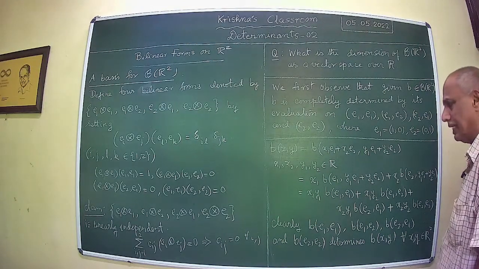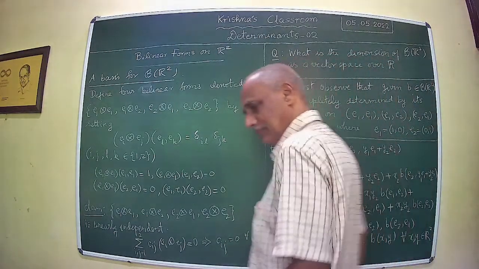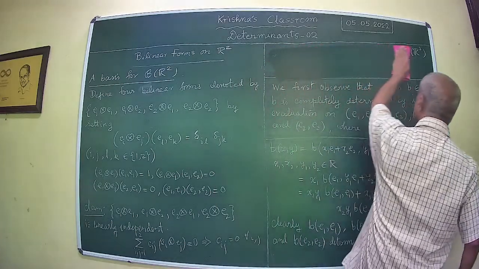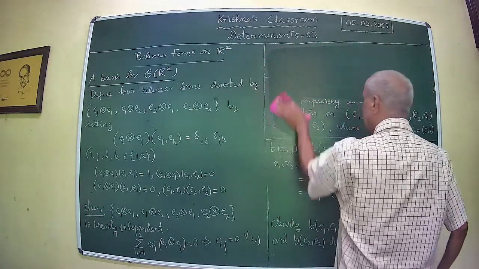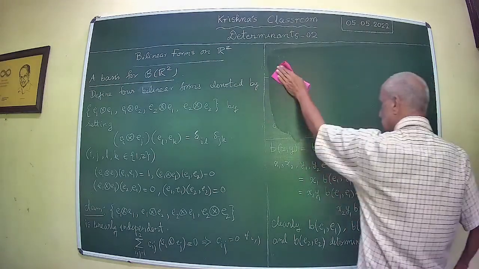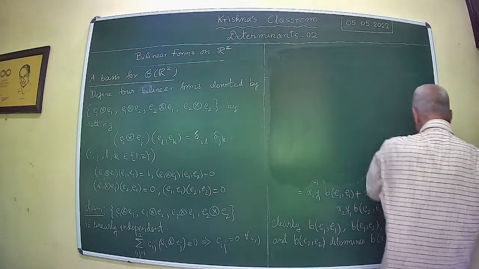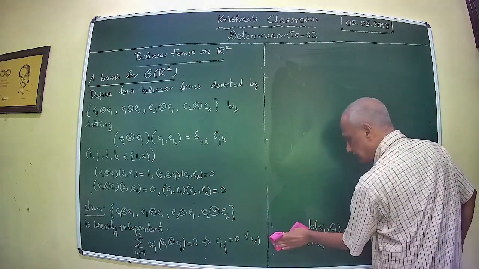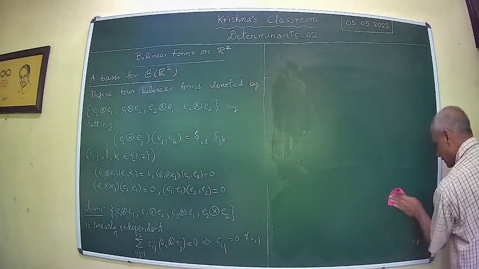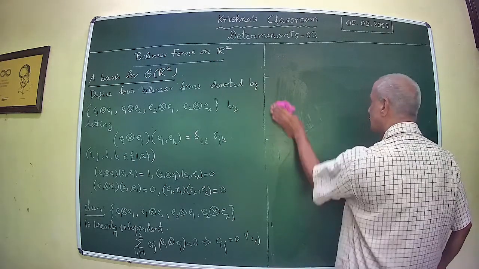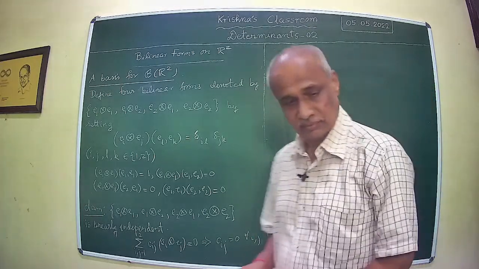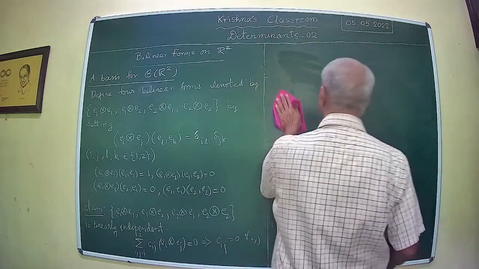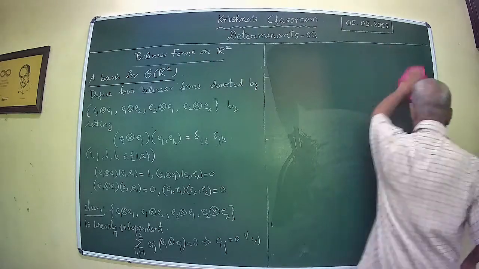That's what we want to prove, and that's quite easy to prove because you observe, just a very simple observation, that sigma c_ij E_i cross E_j acting over (E_i, E_j) is equal to c_ij. So that's a simple thing.